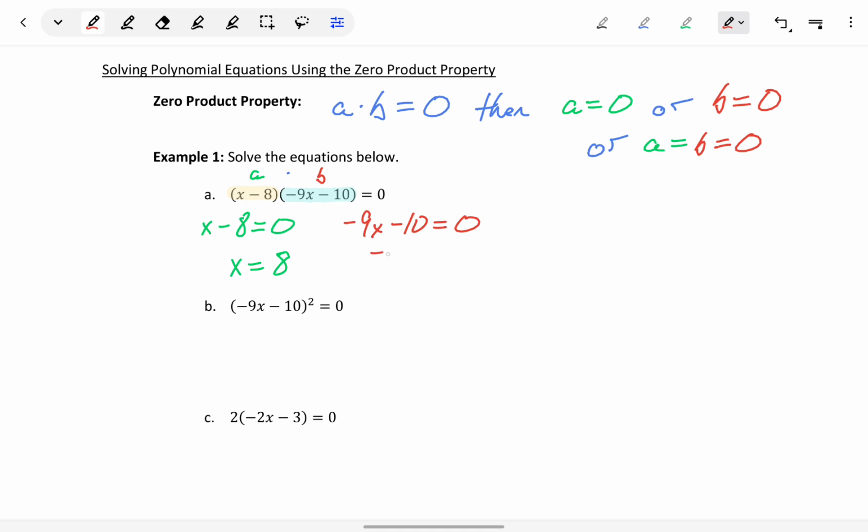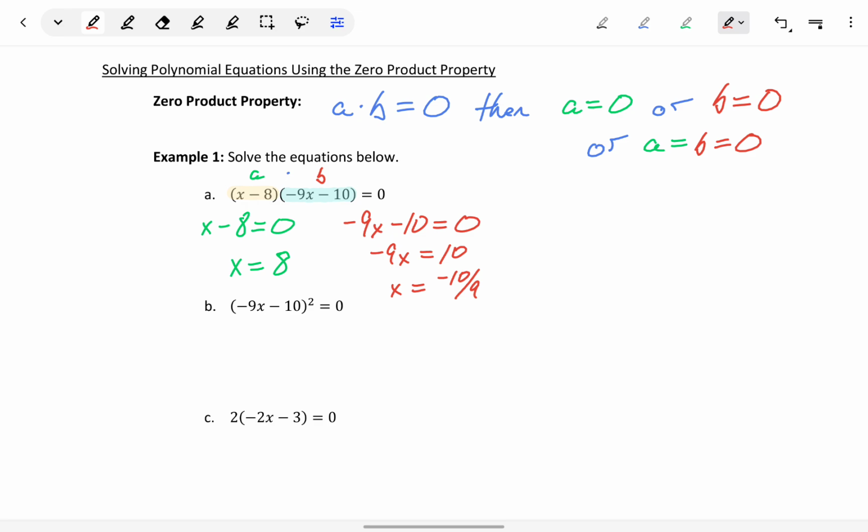In the second case, we first add 10 to both sides, so we end up with negative 9x is equal to positive 10. Then we'll divide both sides by negative 9 to get x is equal to negative 10 over 9. What this is telling us is if x is equal to 8, then our expression A will be equal to 0. So we'll have 0 times B, which is equal to 0.